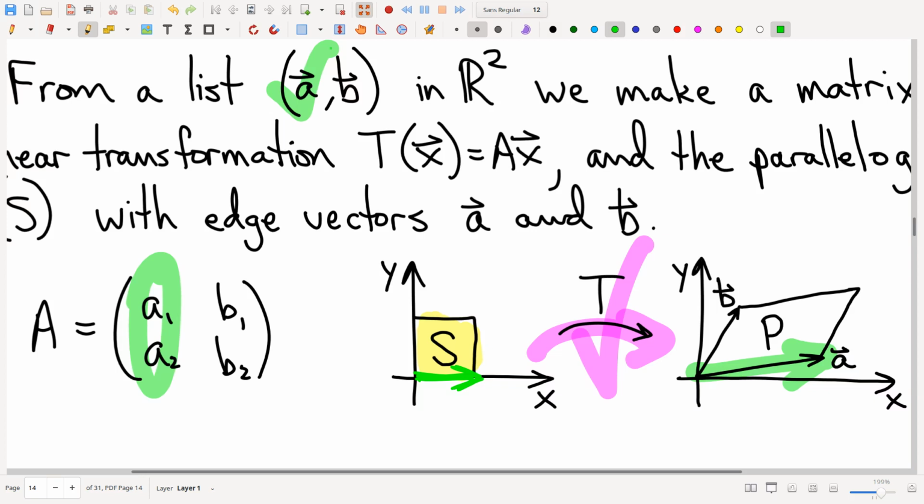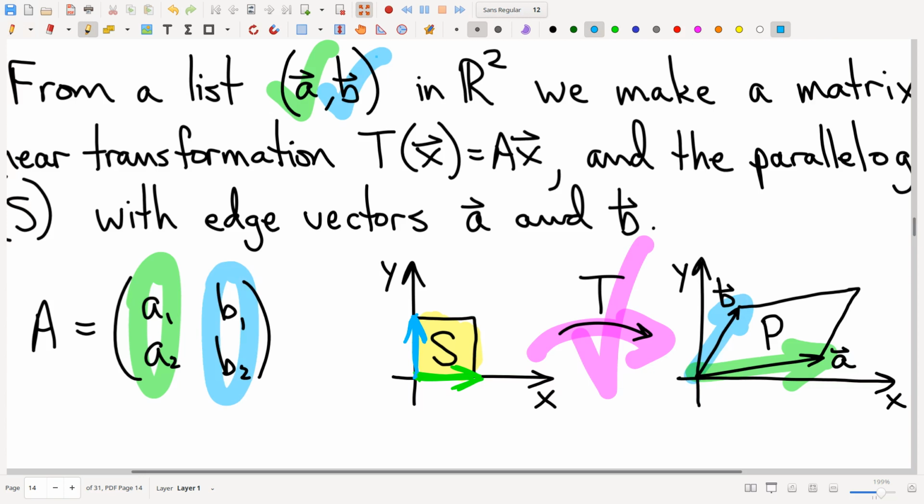Now, analogously, if I look at the second vector here, the second standard basis vector, its image is going to be the second column, which of course is the second vector from our original list.